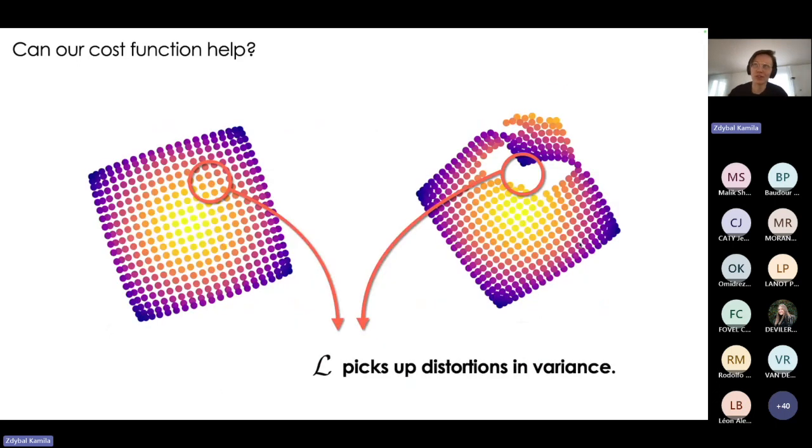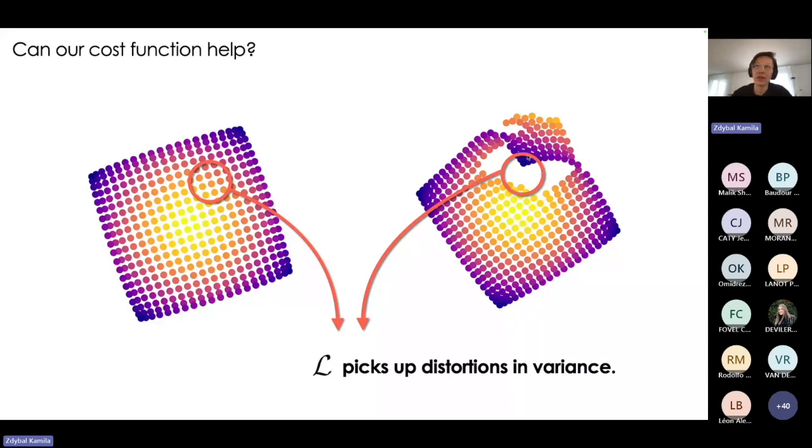The reason for that is that our metric picks up this distortion and variance of that variable that colors this embedding. So it's that Gaussian feature that goes from yellow to purple. That was my variable that I looked at in this exercise.